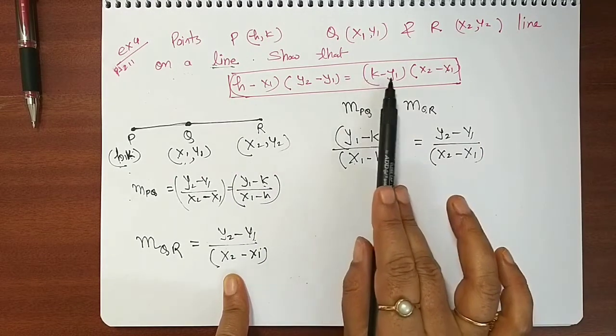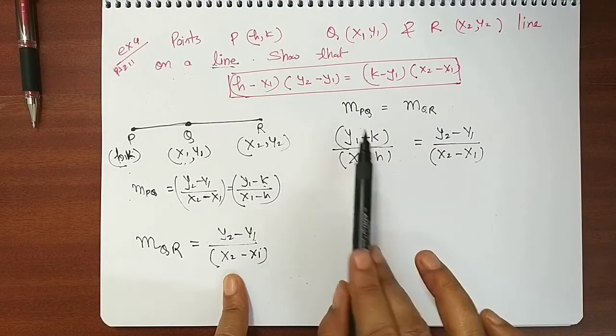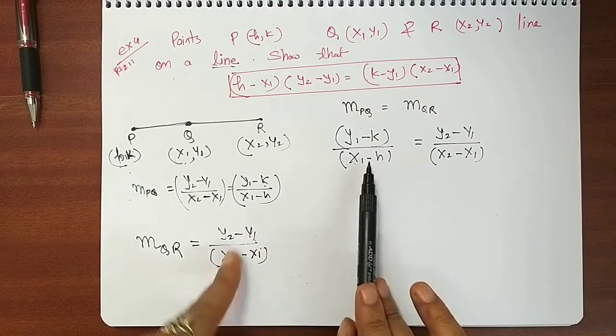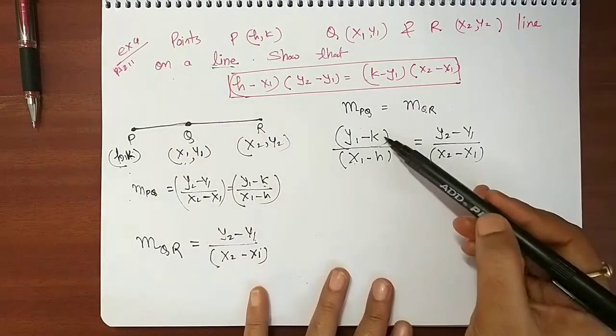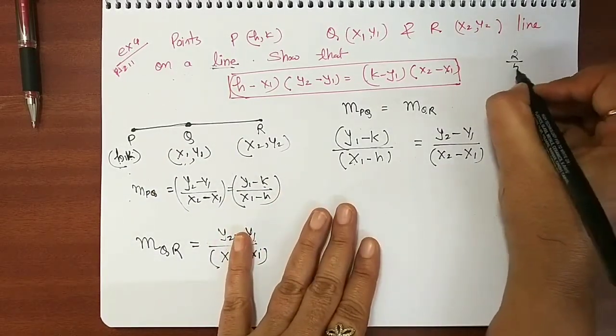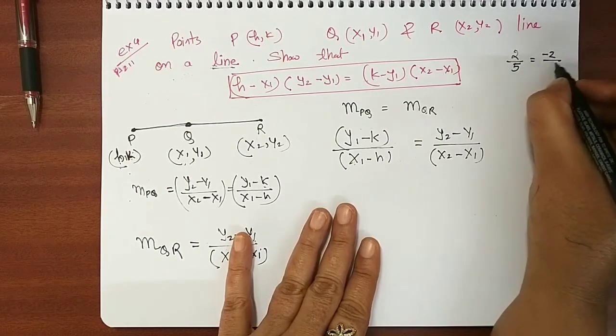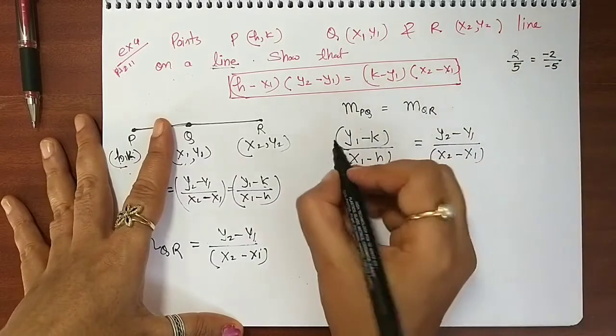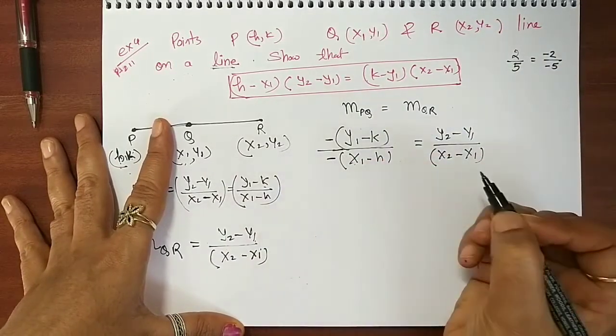Here is k minus y1, but I am getting y1 minus k. Here is h minus x1, I am getting x1 minus h. So guys, it doesn't matter if I change the sign both sides. See, 2 by 5 is same as minus 2 by minus 5. It doesn't matter, right? So if I put minus both sides, it does not matter.